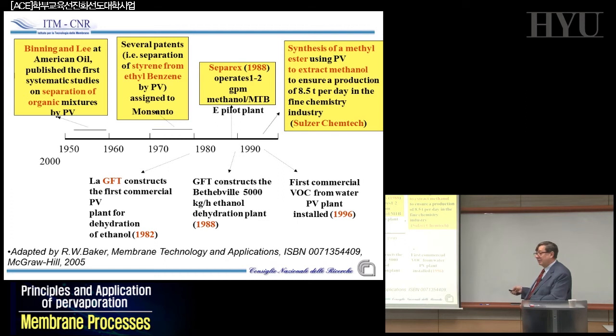This is the first plant where you can remove, using the same concept, VOCs from water or also from a vapor phase. Everybody is familiar with the story of PVC. When you produce PVC, the monomer, vinyl chloride monomer, is quite dangerous, inducing disease and cancer. Today you can find in Europe, in China, I don't know if also here in Korea, a plant installed where, when you produce PVC, all the monomer going into the vapor phase can be removed, using a kind of pervaporation applied to vapors.